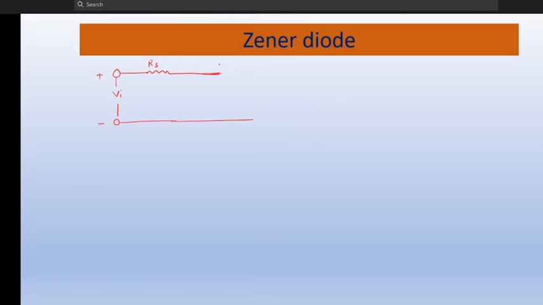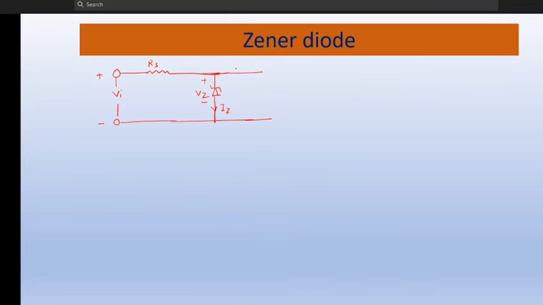But if it is not regulated, means if the input supply is fluctuating, there are many chances that your device will get burned. So for that reason we use this Zener diode as a voltage regulator to provide a fixed voltage output.